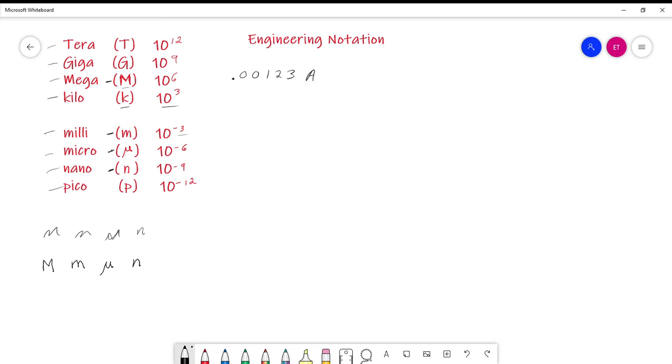An engineer or a technician is not going to write it like that. There's a better way to write this.